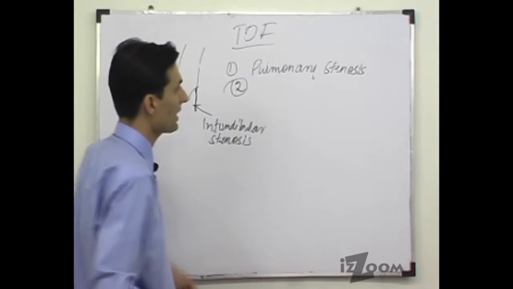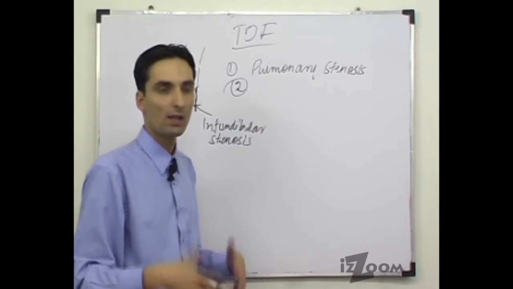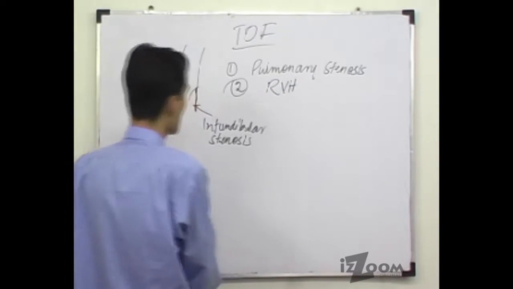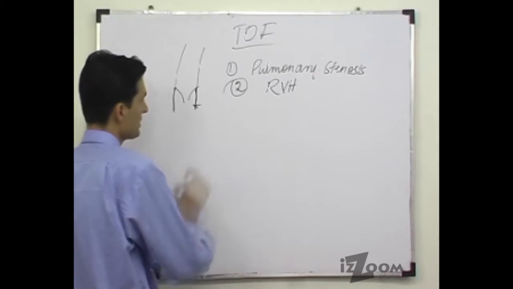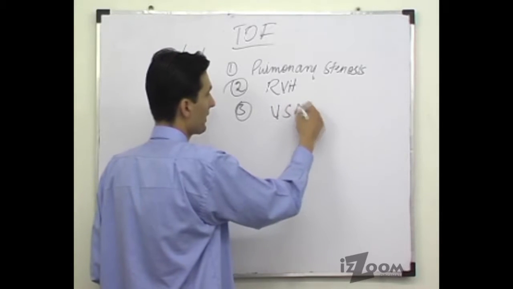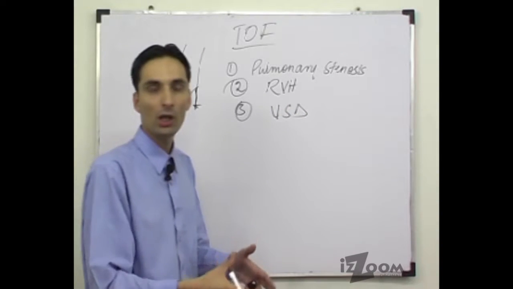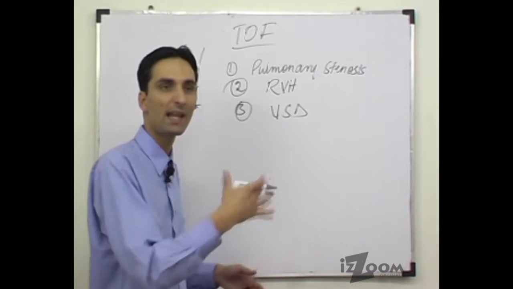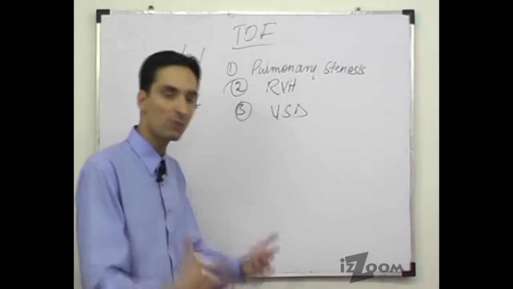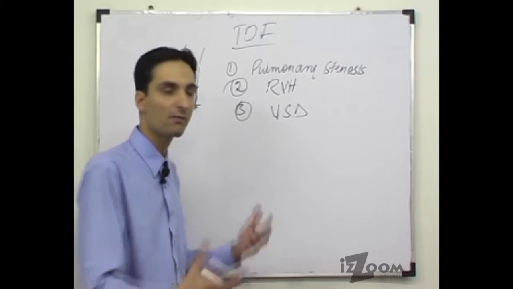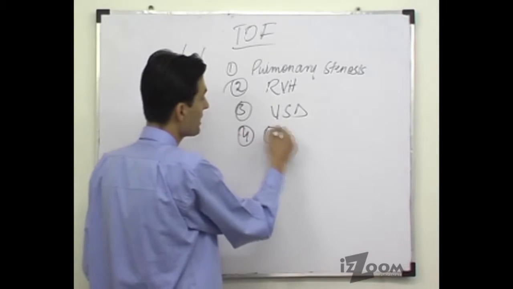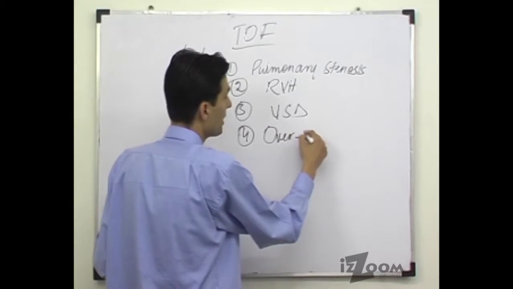The second feature is that due to pulmonary stenosis, these patients have right ventricular hypertrophy. And the third feature is that they have a ventricular septal defect. The blood cannot be pushed into the pulmonary circulation, so it is shunted across into the left ventricle, and since so much blood is being shunted into the left ventricle, which is also receiving its own blood, there is overriding of the aorta, which is the fourth feature.